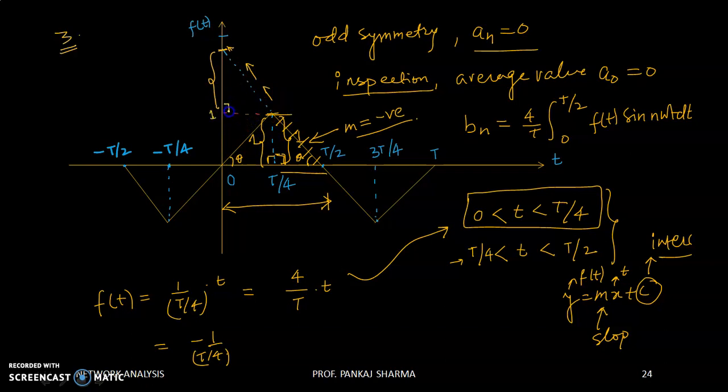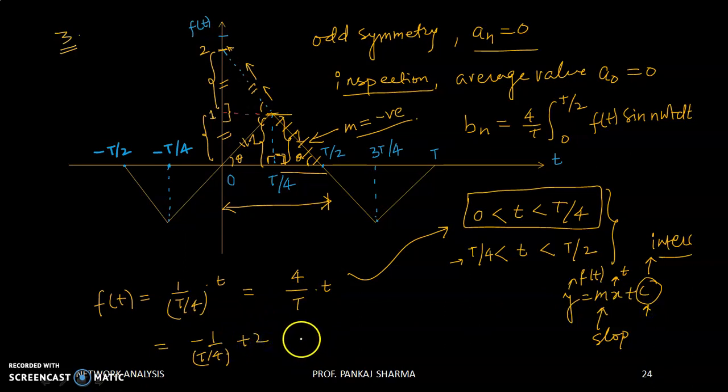This is 90 degrees, this is 90 degrees. This angle is equal to this angle, so this must be equal to this. So it is 1, and another 1, so it will be 2. So the intercept c will be plus 2.